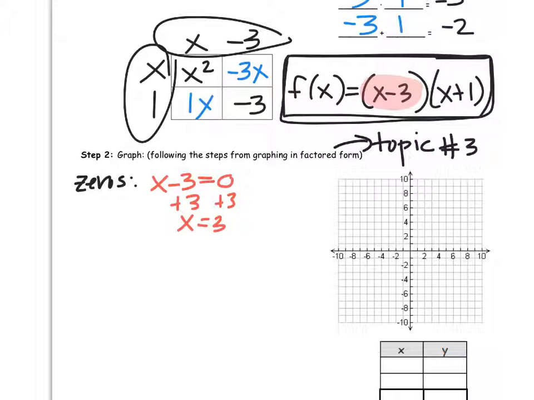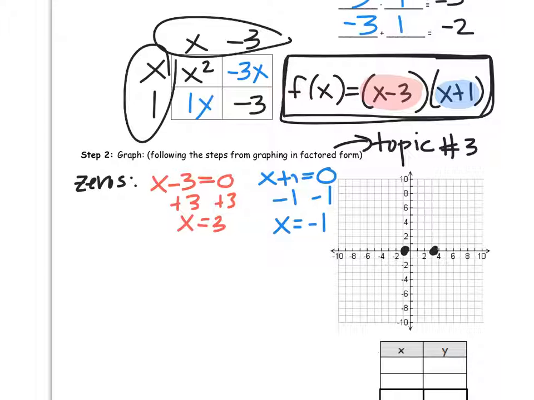And then I'm going to take my other factor, x plus 1, set it equal to 0, subtract 1, and I get x equals negative 1. Okay, so that means my zeros are positive 3, 0, negative 1, 0.